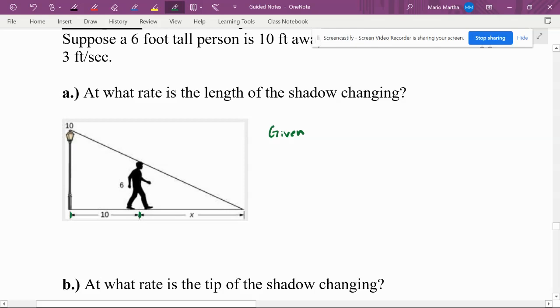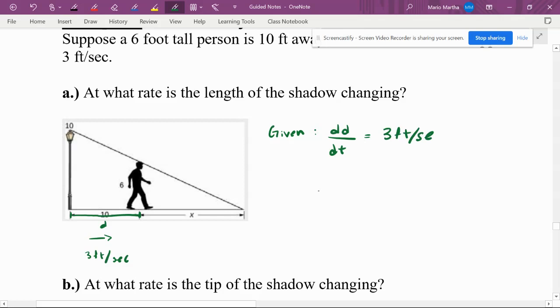So that's the 10 feet. And the person is walking in that direction at 3 feet per second. All right. And in this case, let's call this D. So the given is dD over dt for distance equals 3 feet per second.